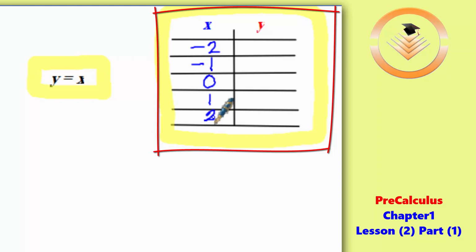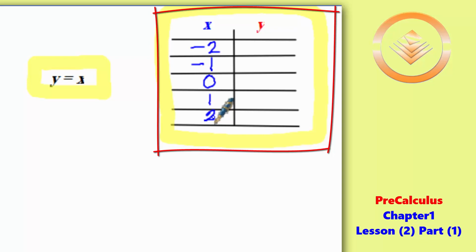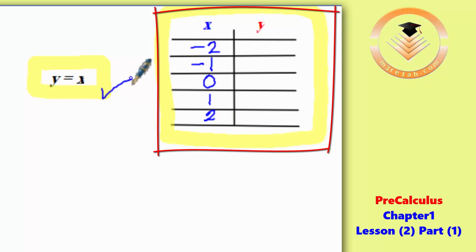Now I chose -2 to +2 because first of all, these numbers are limited. Actually, there are only 5. At the same time, this is the set I am comfortable with. Okay, so let us see the relationship between your y and x given this equation.